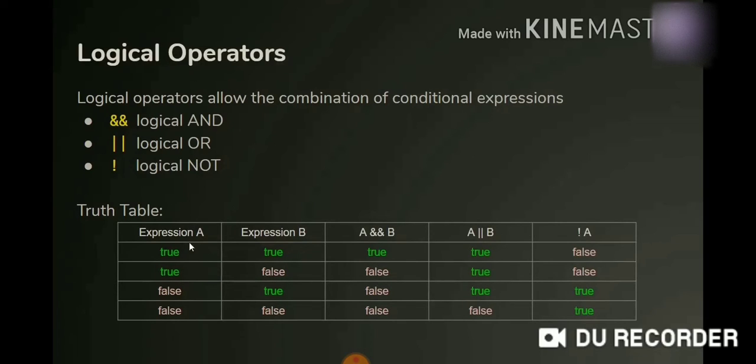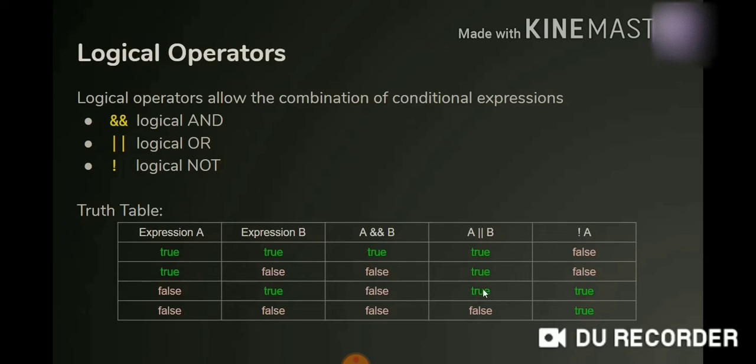And here I have all four combinations that I can get from combining expressions A and B. The AND operator produces the boolean value true only if both A and B are true. So if expression A is true and expression B is true, then A and B is true, but if either A or B is false, then A and B produces false.